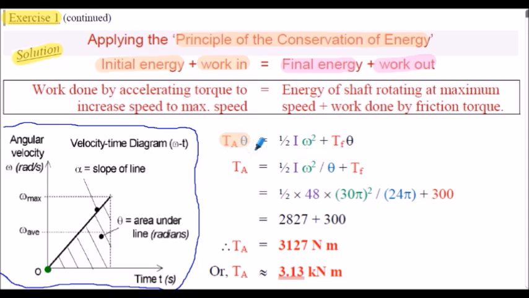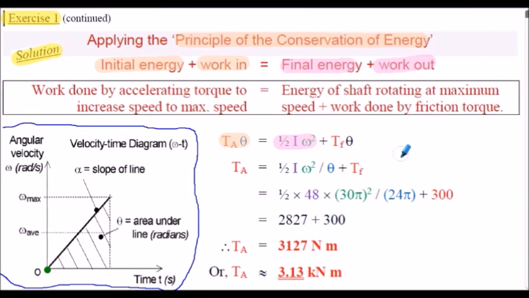T_A is my accelerating torque. And for our final scenario, when we're at maximum speed, we will now have the kinetic energy of rotation, half I omega squared. And of course we'll have work out of the system, denoted as T_F multiplied by theta, due to the constantly applied friction torque opposing the change in motion.